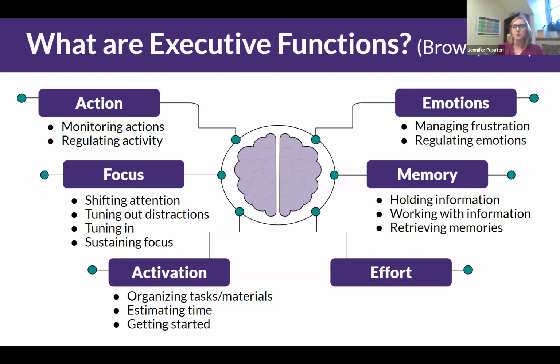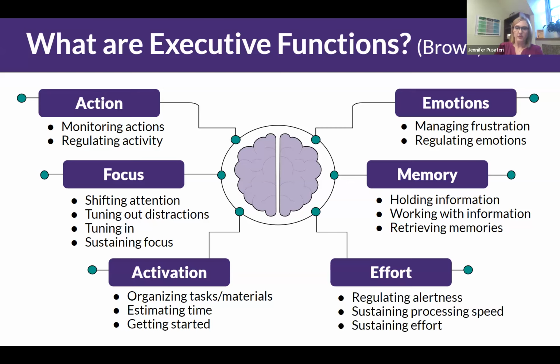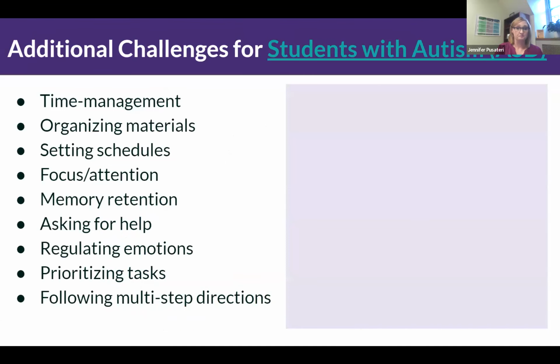Memory is difficult, especially working memory. And then also things like sustaining the speed of your processing, right? Sometimes my processing is very quick, sometimes it is not. So that's just like the fastest overview ever of executive functions. But just know that people who are neurodivergent will often struggle with executive functions.